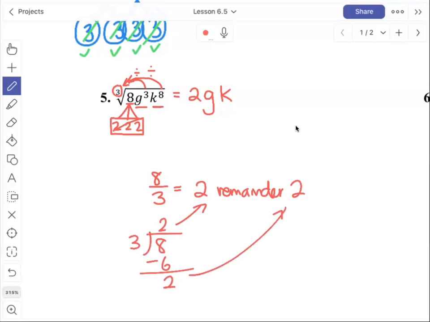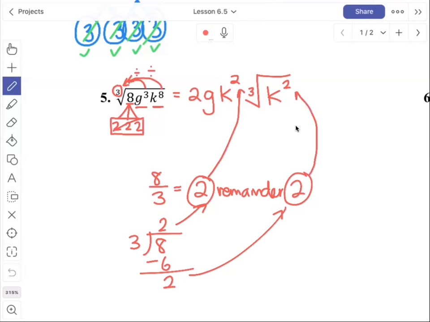So what you do is, that means you have 2 sets of k's you can pull out. And then the remainder of 2 means you have to leave 2 k's in the radical. So I am leaving 2 in there. This 2 is this exponent.